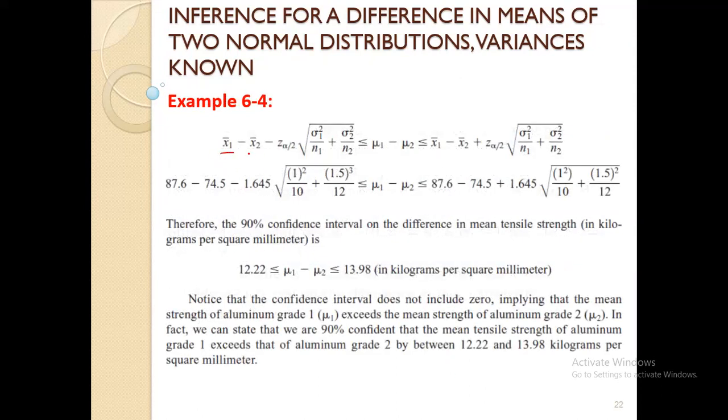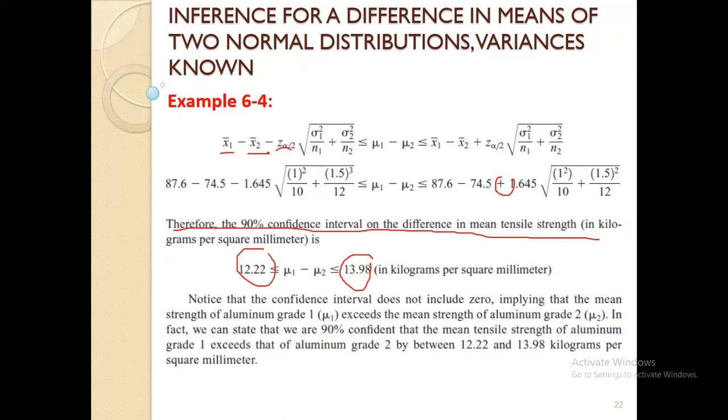Substitute x bar 1, x bar 2, z alpha over 2, sigma 1, sigma 2, n1, n2, and also this is the negative, this is the positive. Then you get the 90% confidence interval for the difference of mean tensile strength, equal to 12.22 and 13.98.